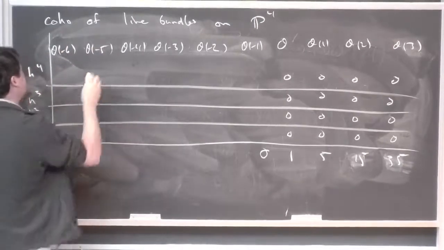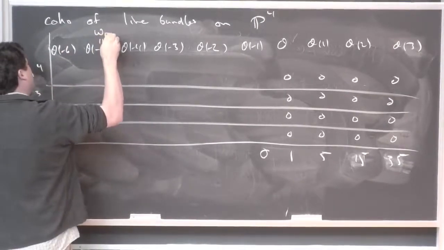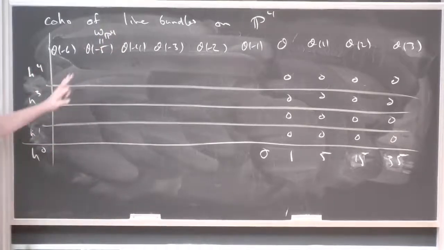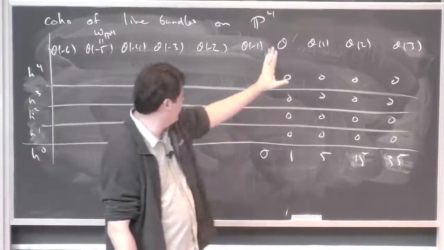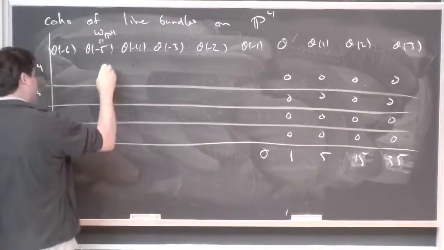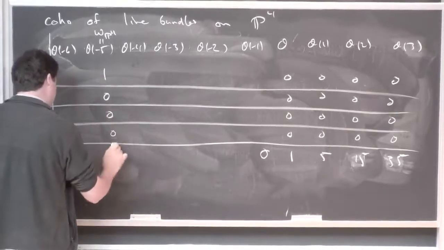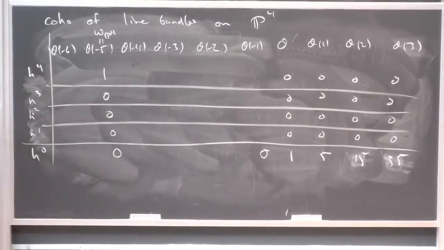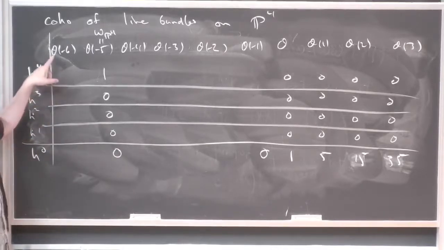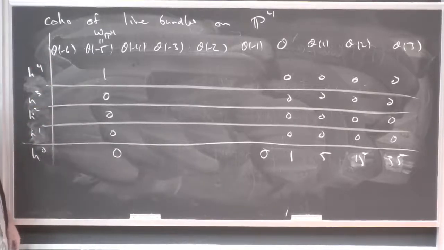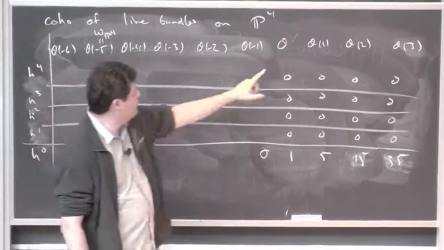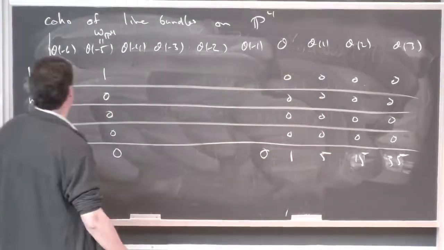O(-5), this is the canonical bundle of P4. So its cohomology looks like the cohomology of O upside down. That's Serre duality. And the cohomology of O(-6) looks like the cohomology of O(1) upside down. That's Serre duality.